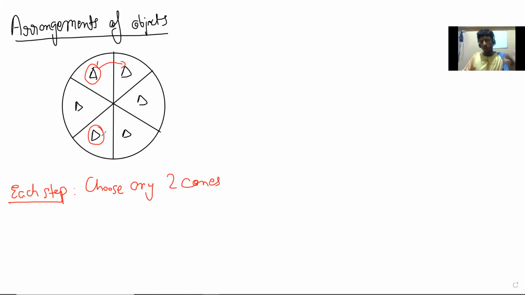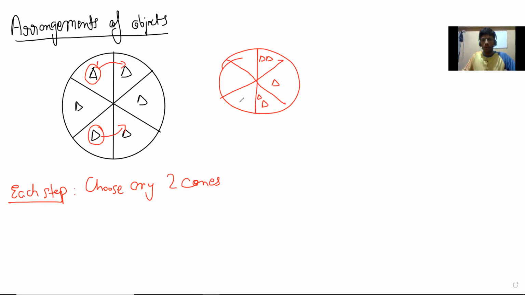Choose this other cone, you can also move it, it's up to you. So you can move it this side. So when you do this, then what do you get? You will get something like this. So you will have two of them here, one, and is it correct? Yeah.